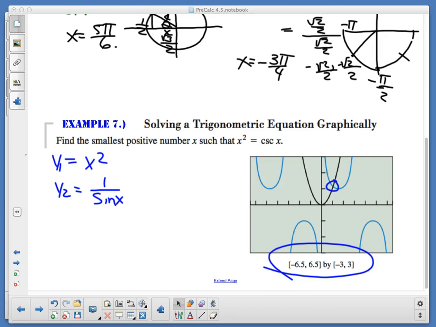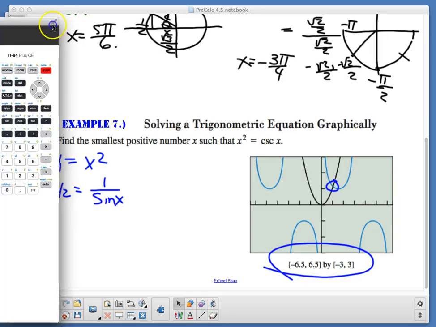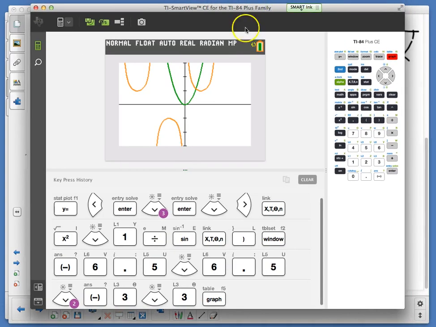And graph. Okay, so I'm graphing, and this is my point. This is where I've got my intersection. So I go up to second calc and look for my intersection point. That's all I'm going to do. But I have to make sure my calculator's in radians, otherwise my trig function won't graph right.